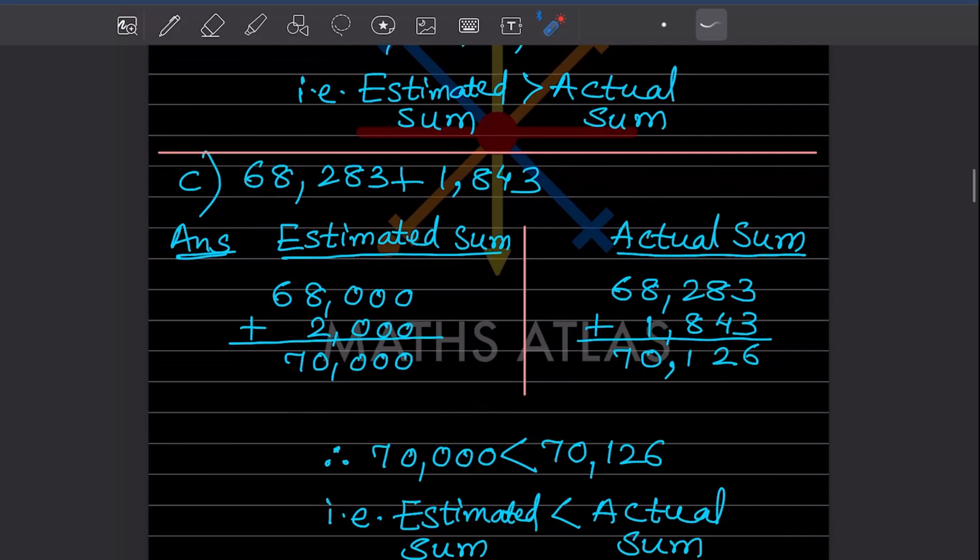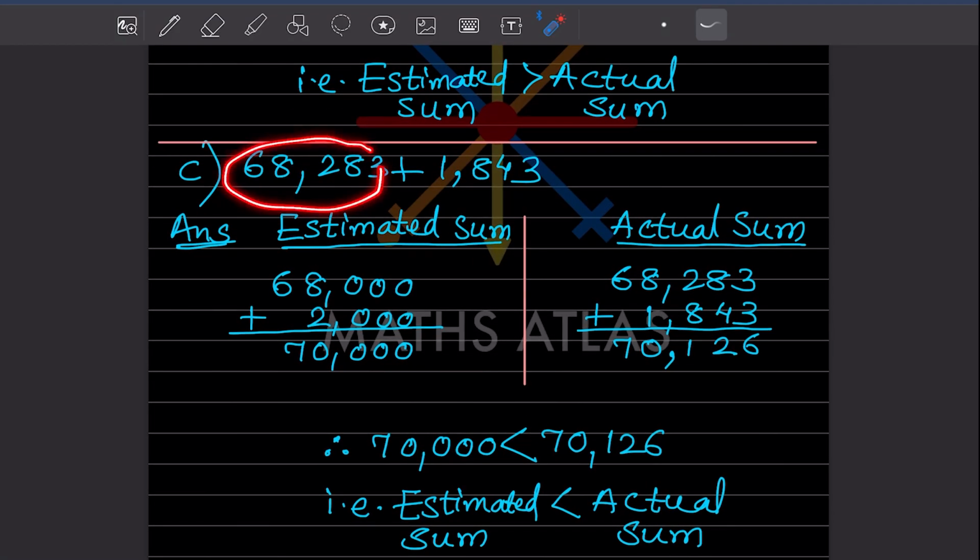Okay. Now here 68,283, because the hundreds digit is less than 5, the last three digits become 0, 0, 0 and this 8 remains the same. So when you round it, it comes out to be 68,000. And here after the 1, this is 8. 8 is bigger than 5, so 5 or more than 5 means you are going to add 1 here. So this comes out to be 2,000.